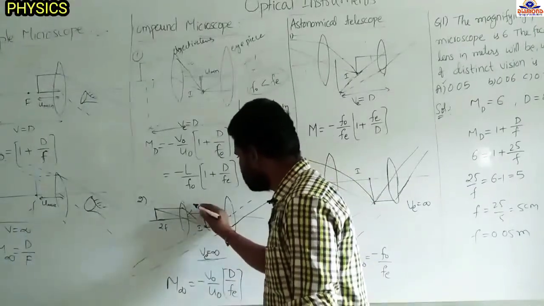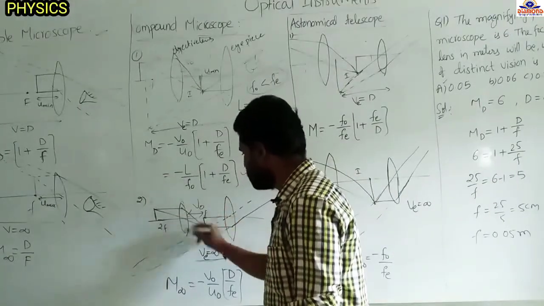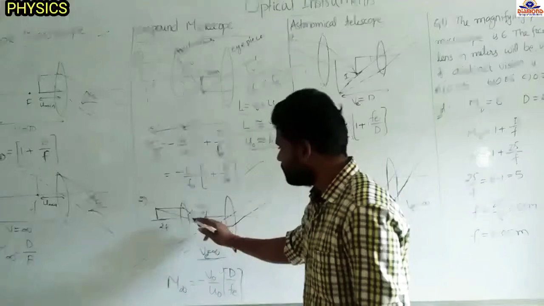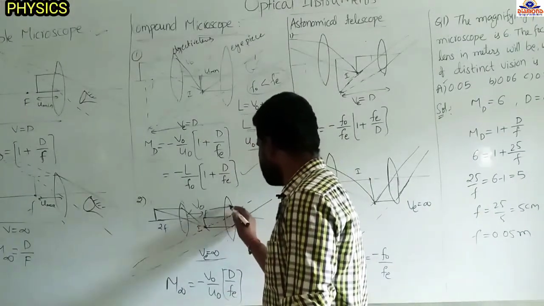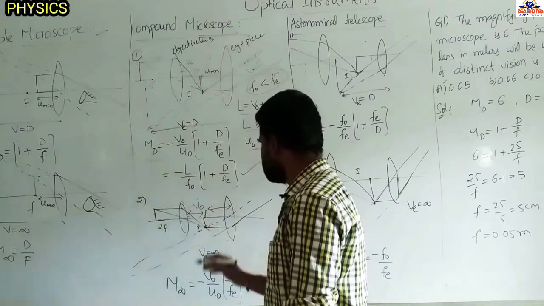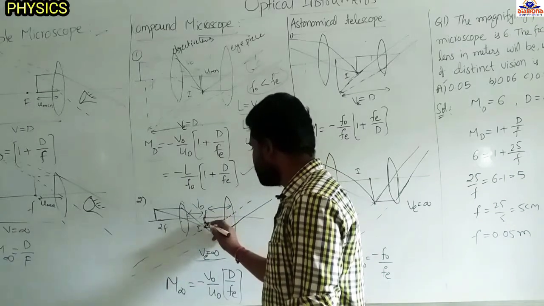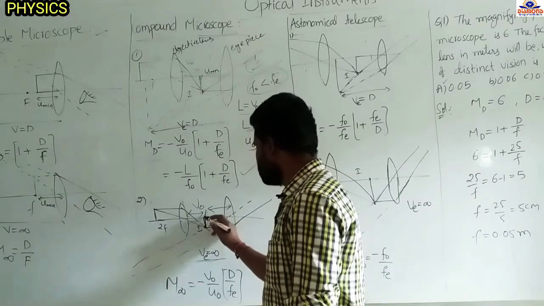Now we are adjusting the eyepiece to form the image at infinity, so the object is at a maximum distance. The distance of the object is from here to here.